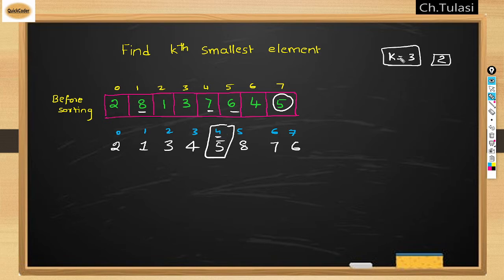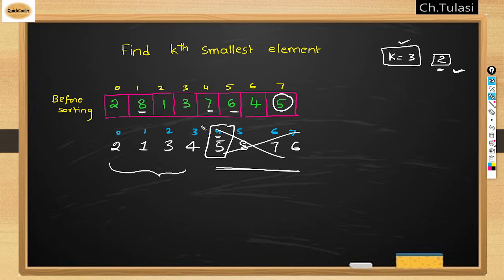But I want the kth smallest element, which is the element at the second index of the sorted array. The elements lesser than 5 are on the left and the pivot is at the fourth index, so the second element will be in this left part only, something like binary search.